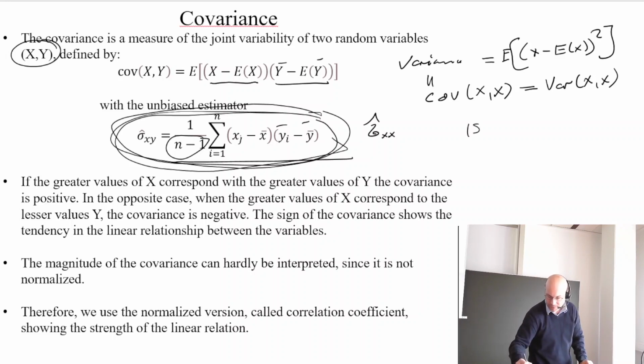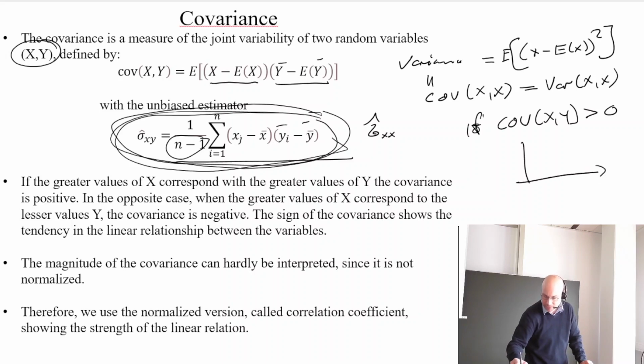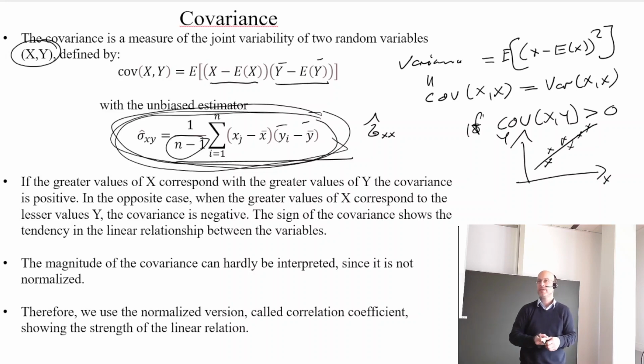So if covariance of xy is larger than 0, then your data set maybe looks like this, that intuitively you would fit an increasing line within your data set.